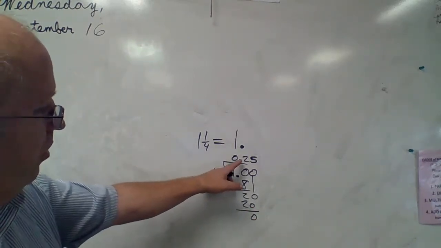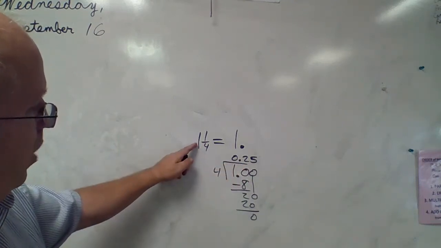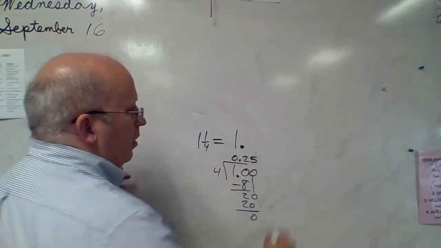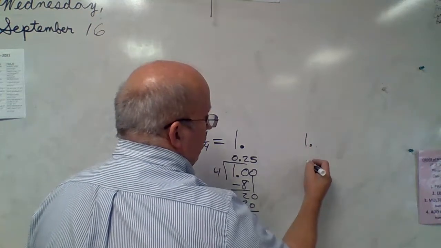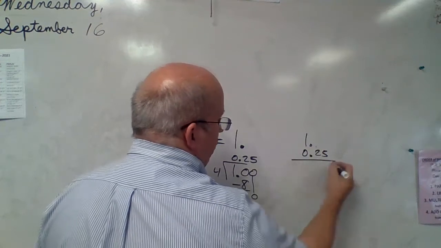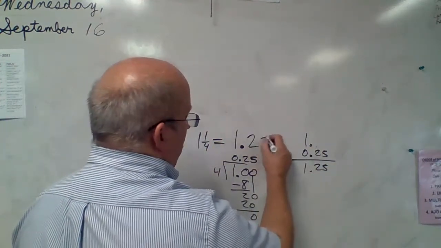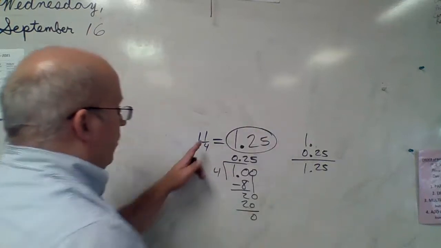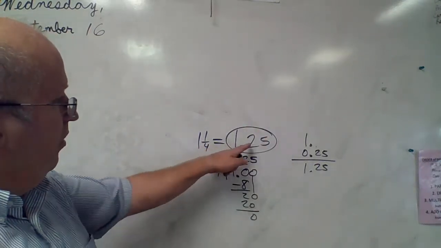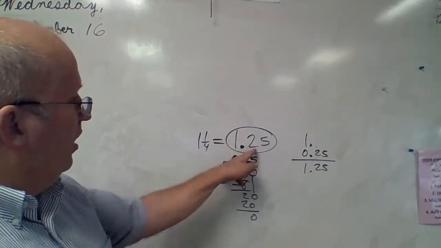If this is 0.25, and we already know that there's a 1 out in front, we can take that 1 and add the 0.25 to it, and we get 1.25 as our answer. So this equals this, our 1 and our 0.25, 1.25.